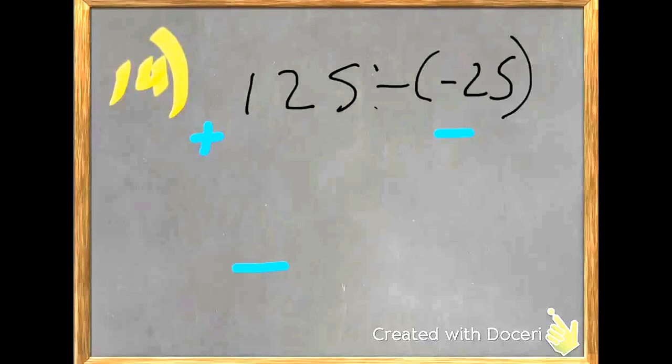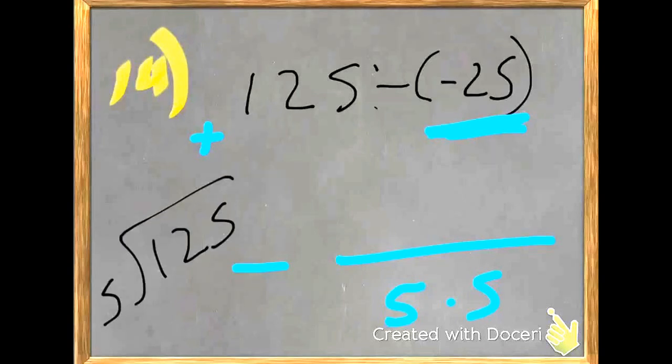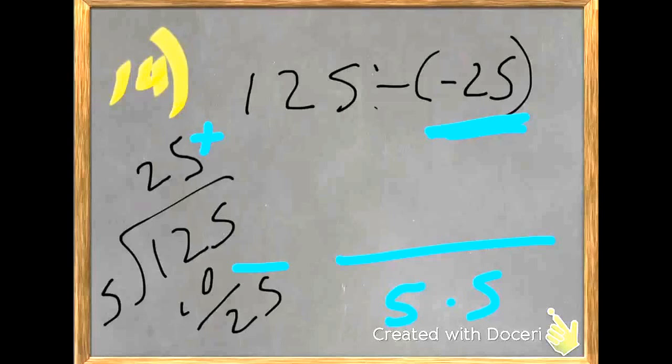And I wonder how many of you know this one. So let's do it this way. I'm going to write it as a fraction. This goes on the bottom. 25 is 5 times 5. So in order for this to reduce, 125 needs to be divisible by 5. So let's see if it is. 5 goes into 12 twice, with 2 left over, bring down the 5. 5 goes into 25 5 times.